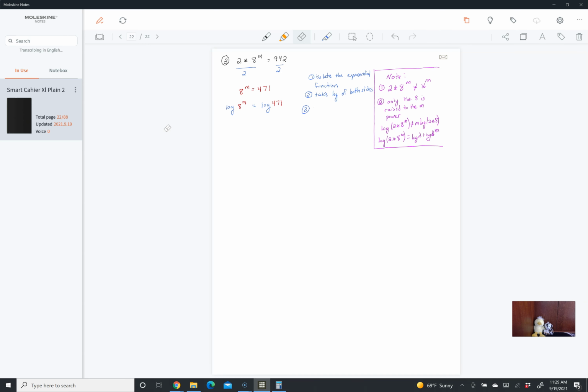Then we're going to use the power property. Power property says move the exponent out to the front, so we get m log 8 is equal to log of 471. And again, notice what this does. It takes the exponent out of the exponent. And then finally, we can isolate the variable by dividing both sides by the log of 8.